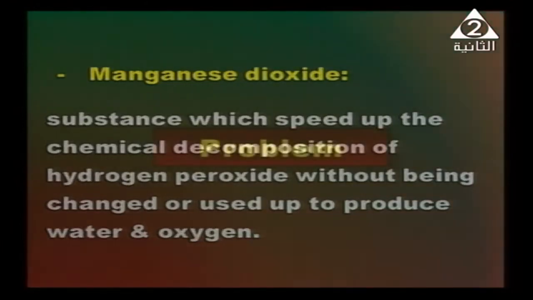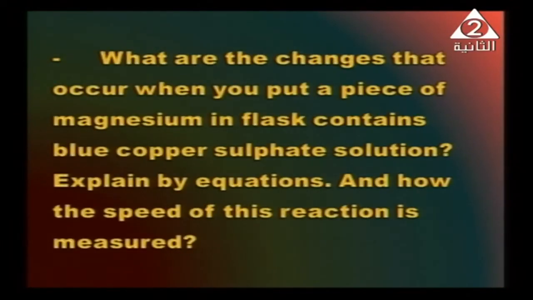Another type of question, which are problems. Problem number one: what are the changes that occur when you put a piece of magnesium in a flask which contains blue copper sulfate solution?